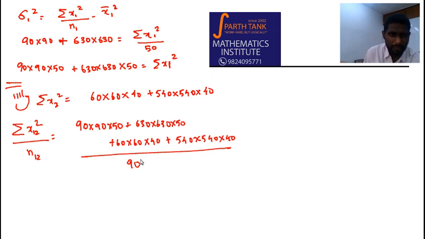Now I can cancel 90 from each of these terms. 90 is gone here, 90 becomes 7 here, 60 into 60 is 3600. So together I cancel it and I get another 40 here and another 6 here.